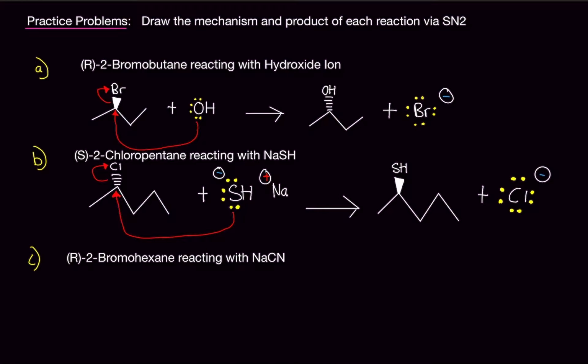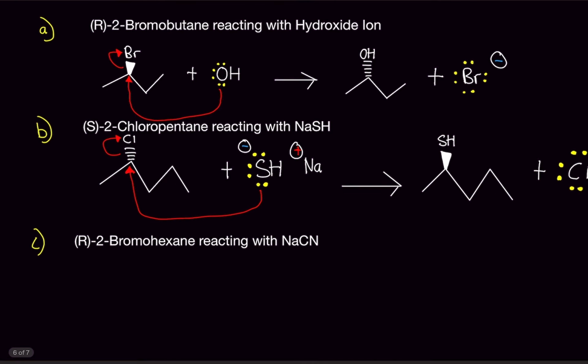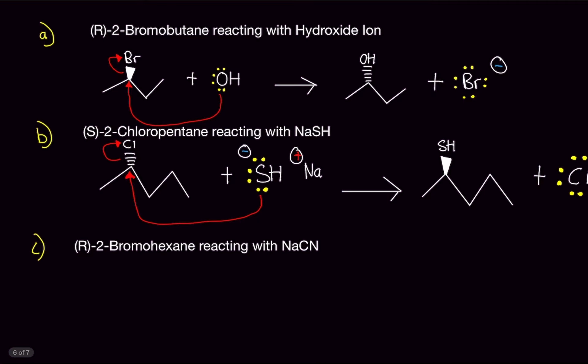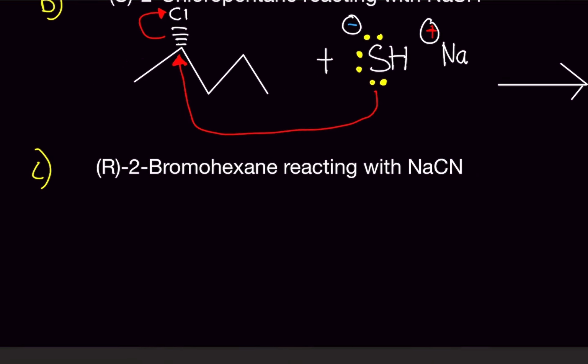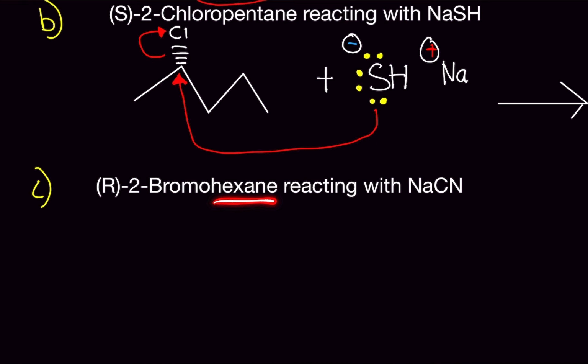All right, let's do C. R-2-bromohexane reacting with cyanide, sodium cyanide. So, we have a hexane. Hexane, like hexagon, means 6. So we're dealing with 6 carbon atoms. And there's a bromine because it has bromo in it. And the bromo or bromine is associated with carbon number 2.